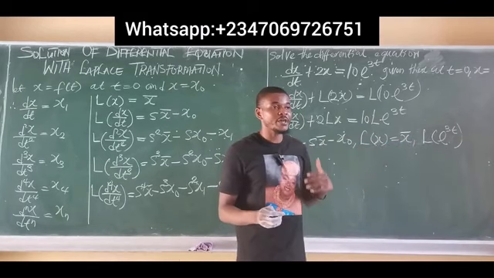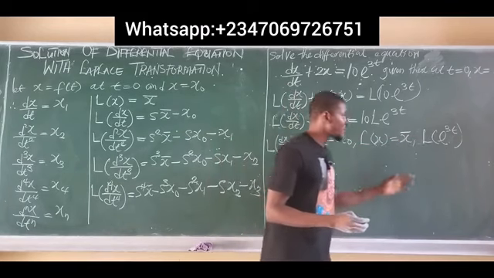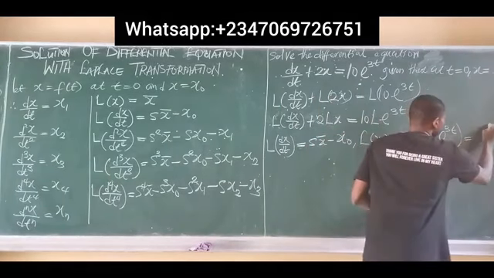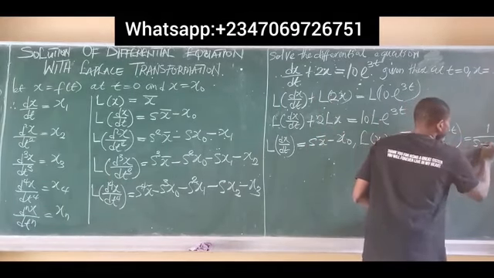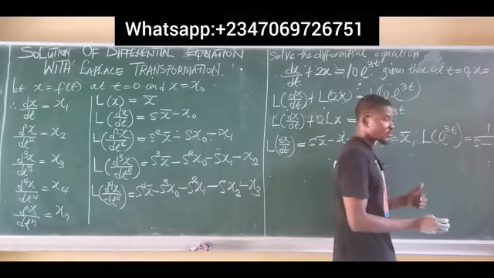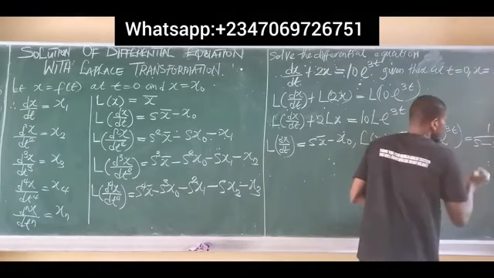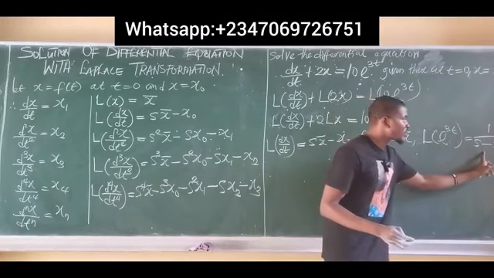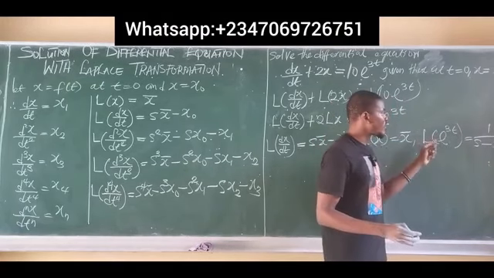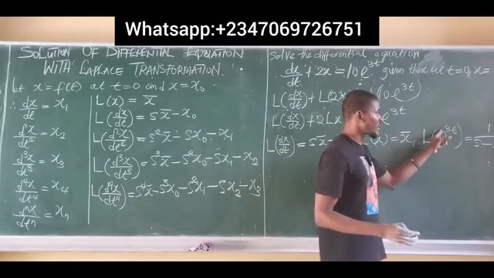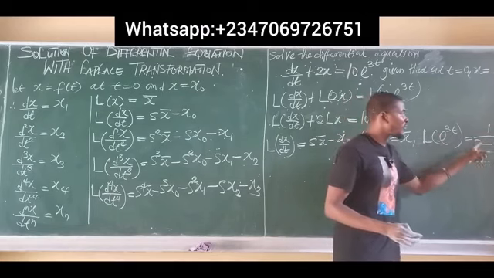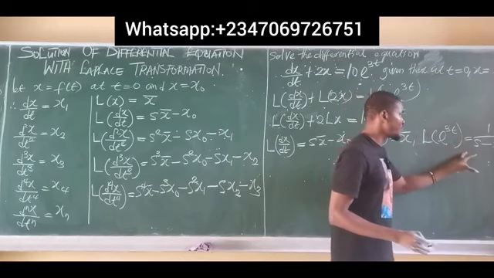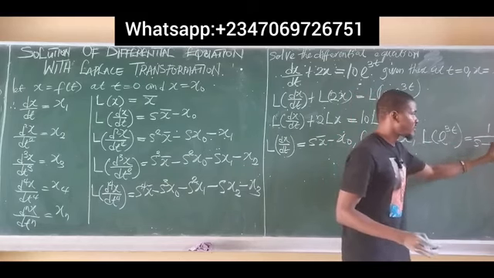In that video I said the Laplace transformation of an exponential function is always given as 1 all over s minus the number attached to the exponential function. The number there is plus 3, so it becomes 1 over s minus 3. But if the number attached to the exponential is minus 3, it becomes 1 all over s plus 3. Hence, the Laplace of exponential 3t is simply equal to 1 all over s minus 3.